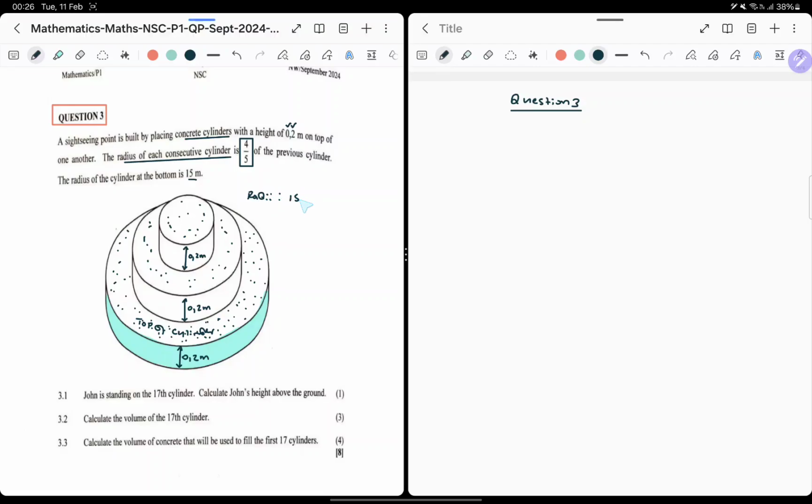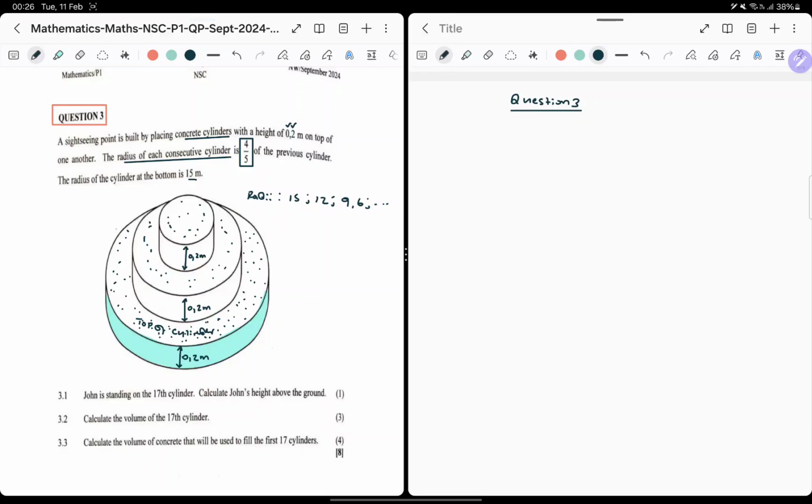So essentially, the radii are going to follow this pattern: 15, and then 15 multiplied by 4/5. That would be 3 by 4, that's going to be 12. Let me just check. Yeah, that's 12. So the radius of the next one is 12, and then the radius of another one is 12 times 4/5, which is 9.6.